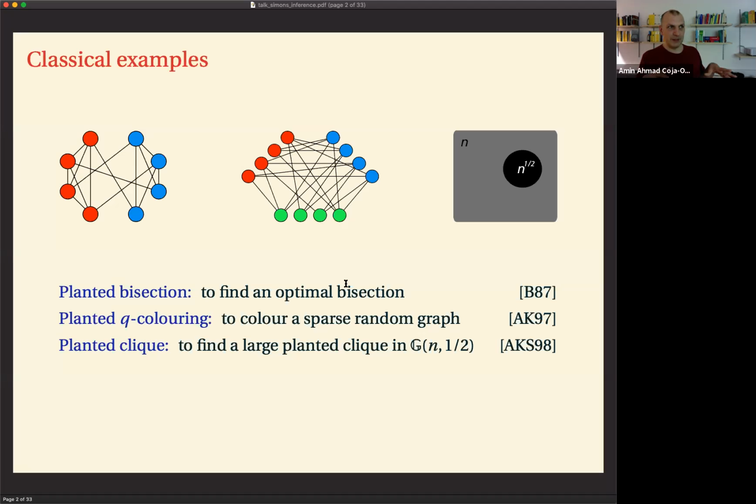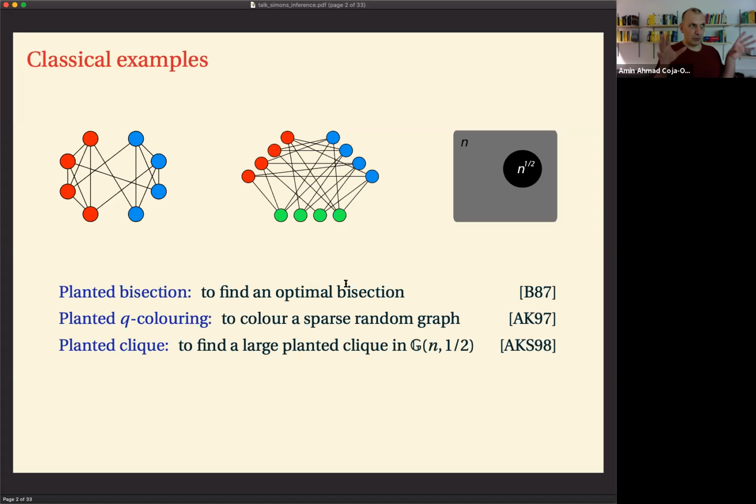For example, a lot of problems on random graphs, a lot of optimization and inference problems, were studied already in the 80s and 90s. For example, there's some very important work by Ravi Boppana from 1987 about the planted bisection model.